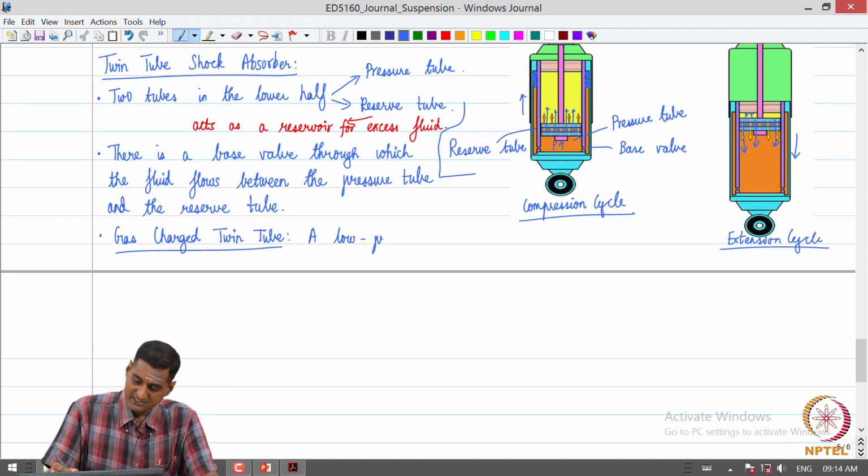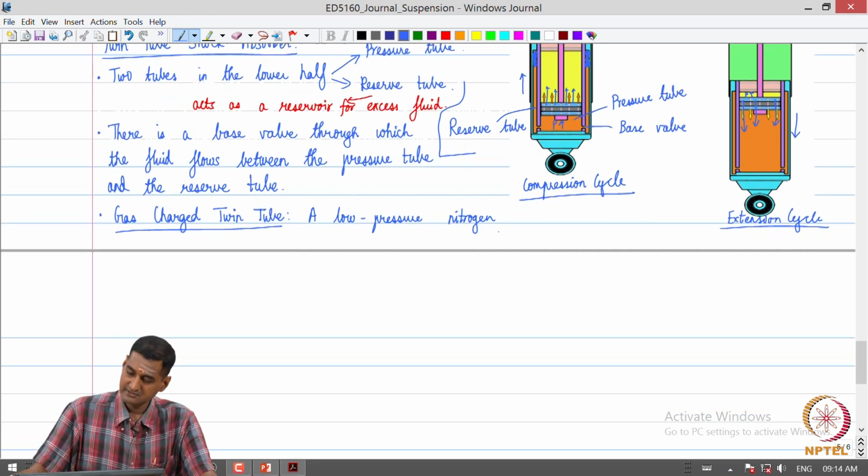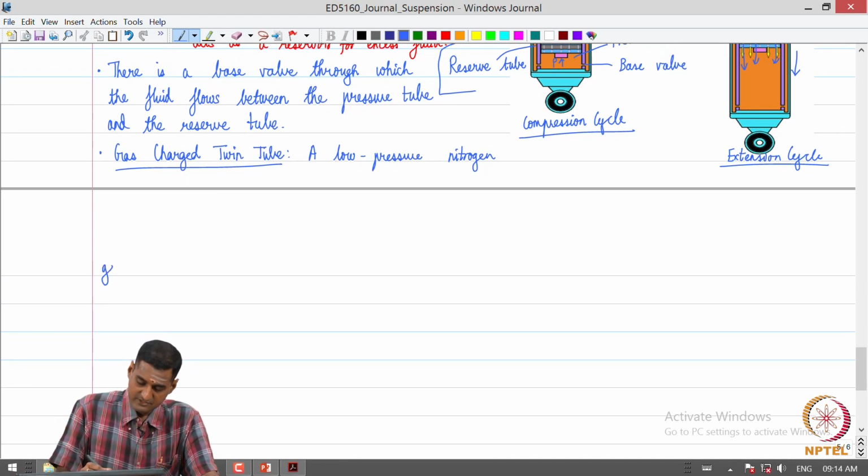So in a gas charged twin tube, a low pressure nitrogen gas pocket is present in the reserve tube, okay.